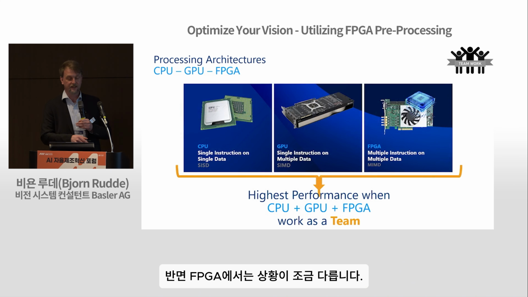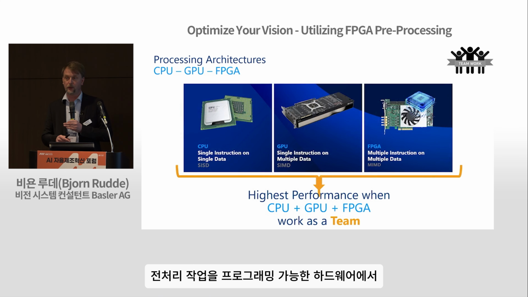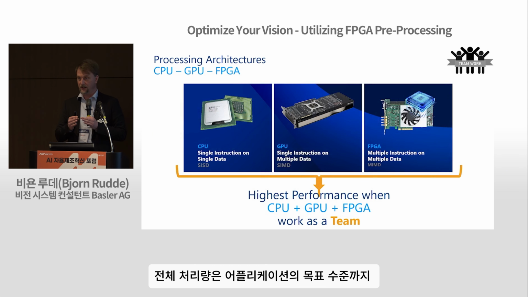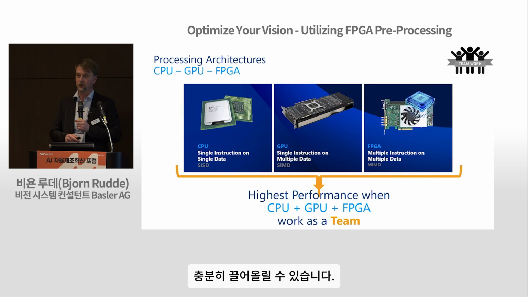On the FPGA, it's different because you can put your pre-processing task into the hardware, so in programmable hardware, and this approach is limited in its complexity, but its throughput can be exactly at the target level you're searching for regarding your application.